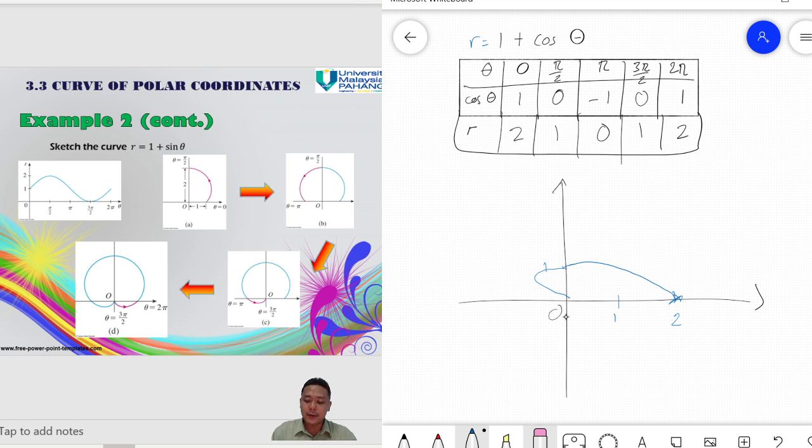At 3 pi over 2 it is 1, and it goes back to 2. It will be a heart shape, but in this representation. So this is 1 plus cos theta, a heart shape where the large part is on the right.